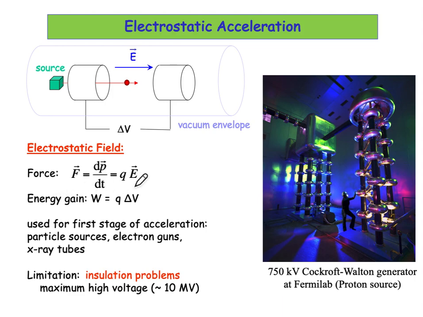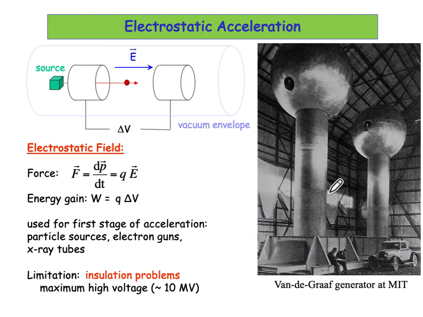The force is equal to Q into E, and the energy gain is nothing but Q into delta V. This is the 750 kilovolt Cockcroft-Walton voltage generator at Fermilab, and this is the Van de Graaff generator used at MIT. This we already discussed in our previous classes.